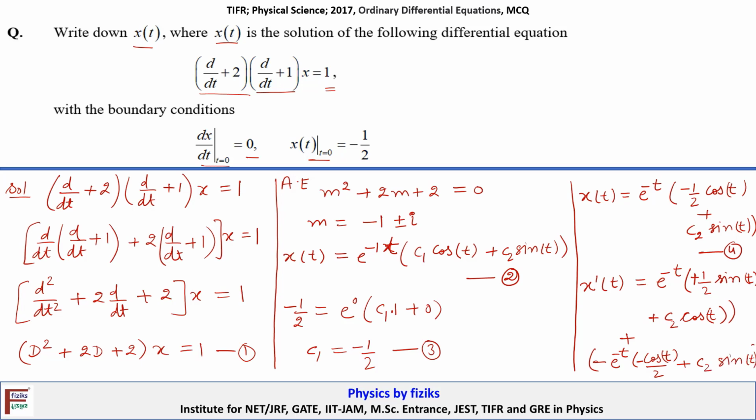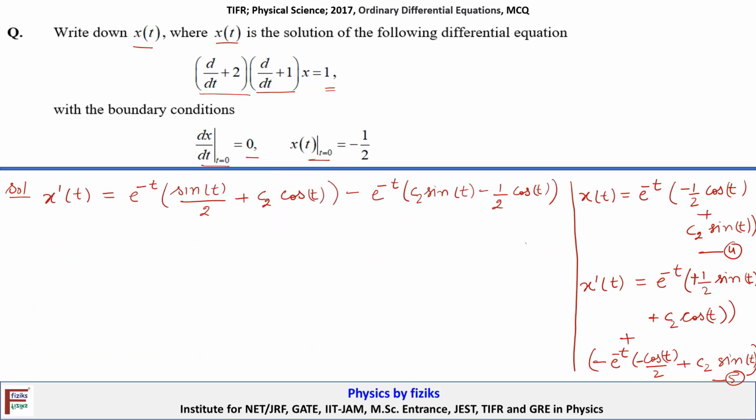Now substituting t = 0 in this equation, number 5, we obtain the following. I have written the derivative here in the simplified version. Now by putting t = 0, x'(0) is equal to 0.